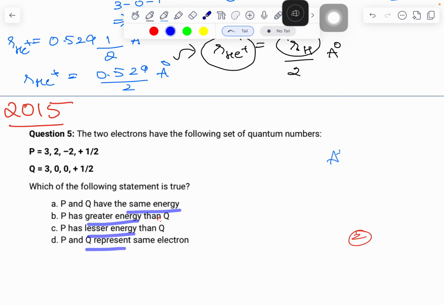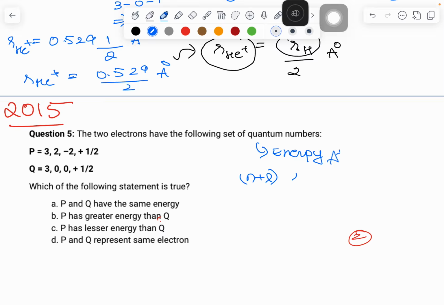As I said, whenever quantum numbers are given, how do we find the energy? Just by looking at the n plus L value. If the value is small, then the energy is less. If this value is big, then the energy is more. Now P has quantum numbers 3, 2, m and s, that is n, L, m and s.